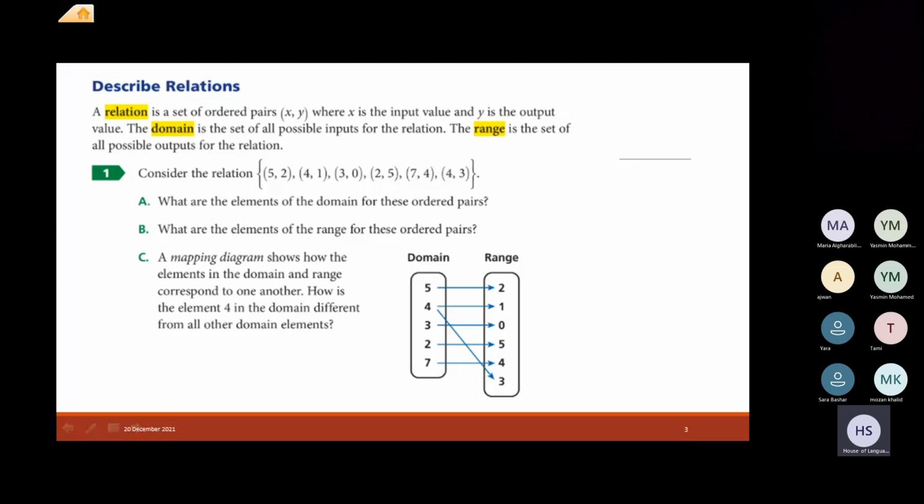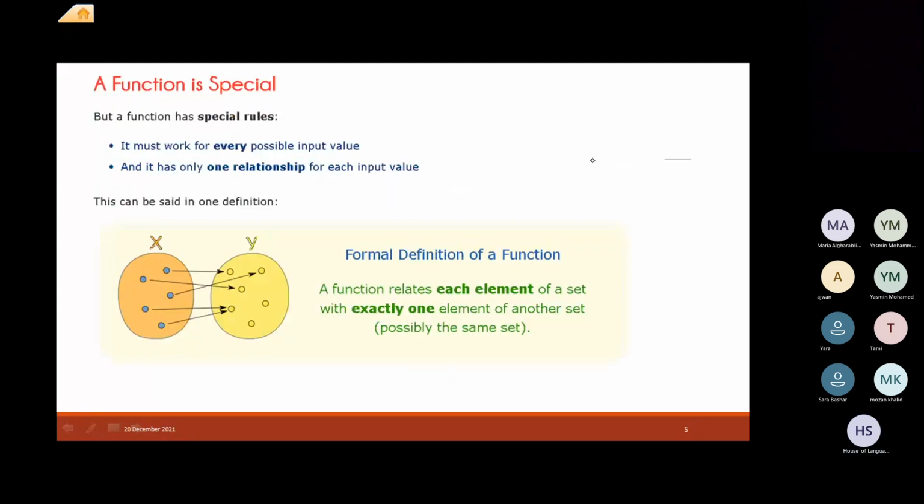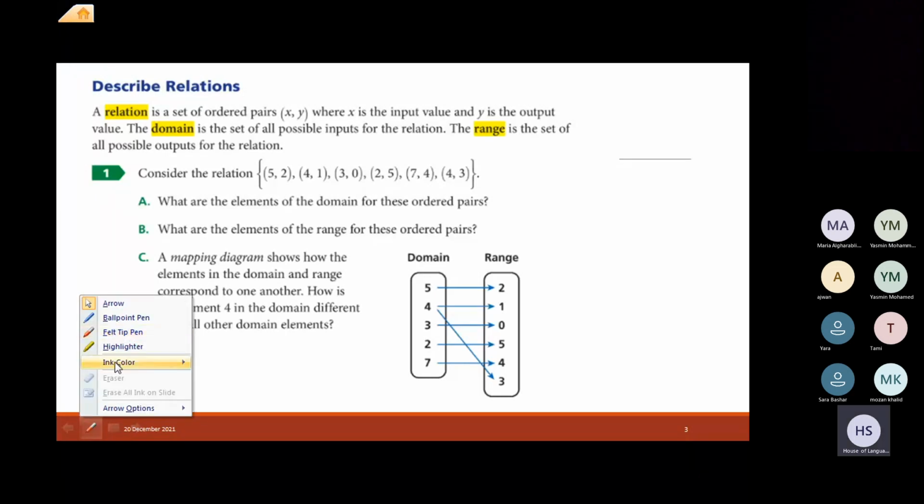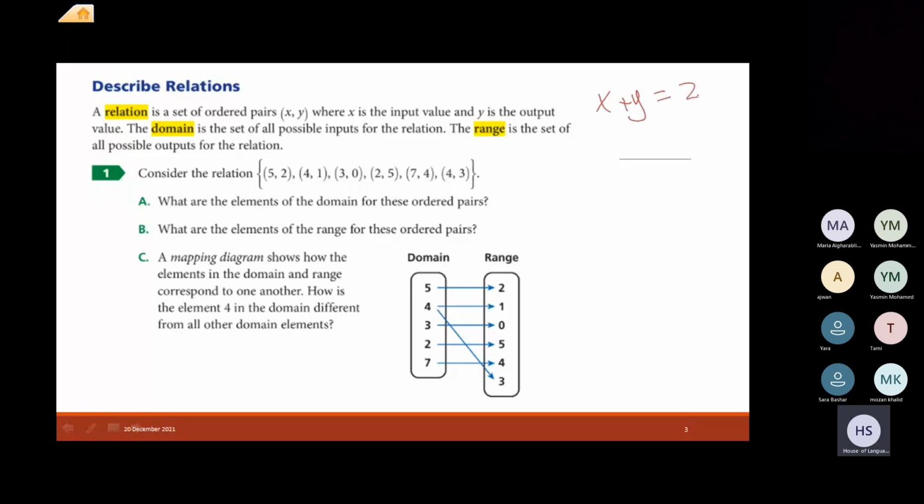What do I mean? Now, if I have x plus y equals 2, we said that in order to solve it, we must make a table of x and y and find the values.